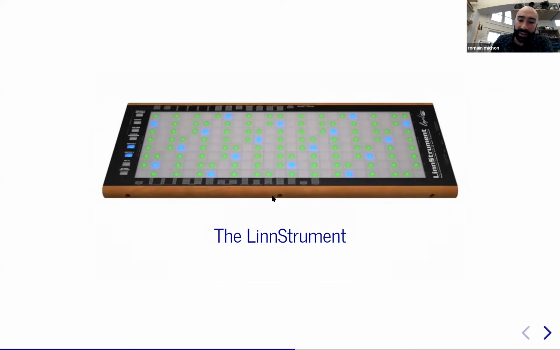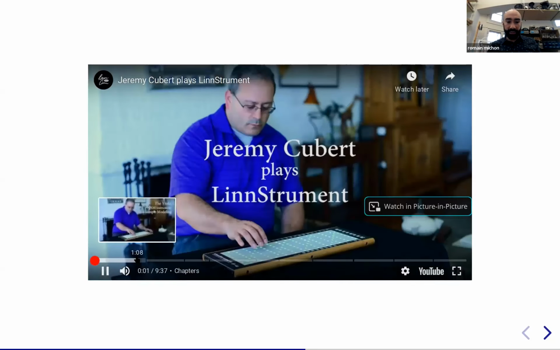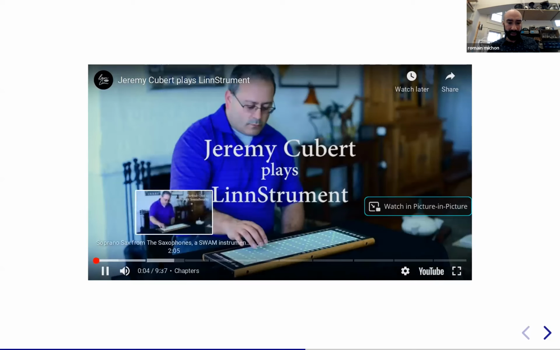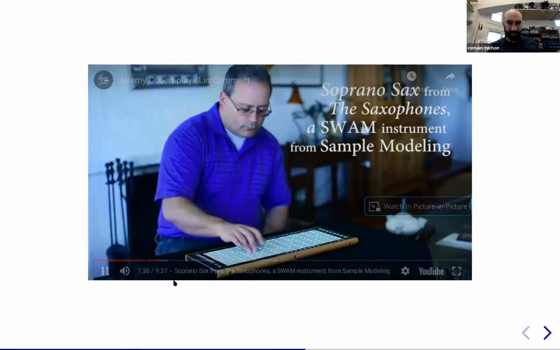It's based on an isomorphic keyboard. So it's like a matrix of keys, and you can reconfigure it the way you want, depending on what you want to do. You get pressure, but it feels better than the keyboard because it's not as soft. And so here's what it does.